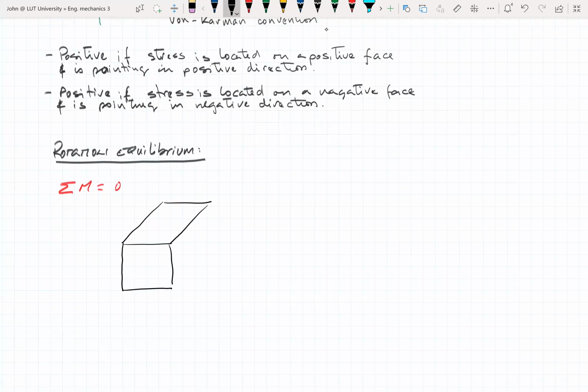This time I will calculate moments in this cube around an axis. Let me draw this a little bit better, with hidden lines.